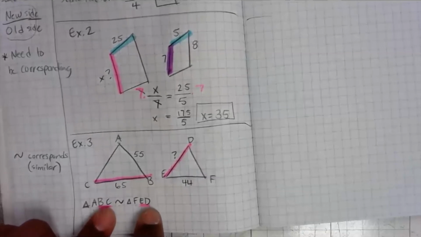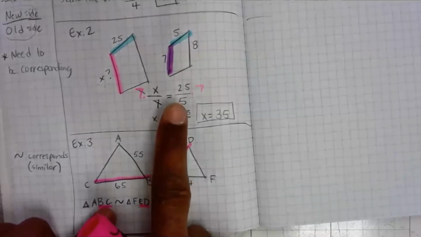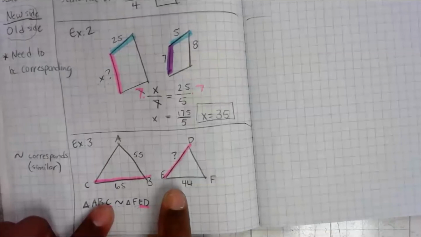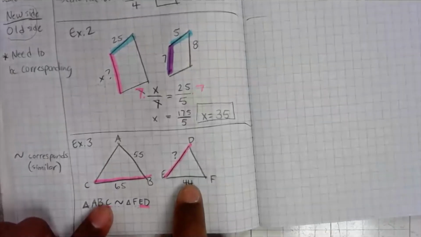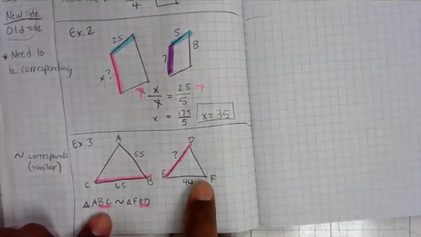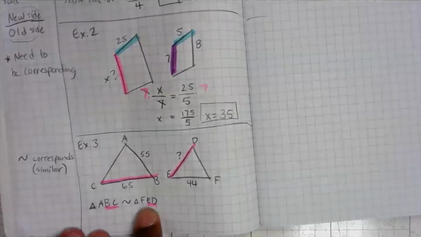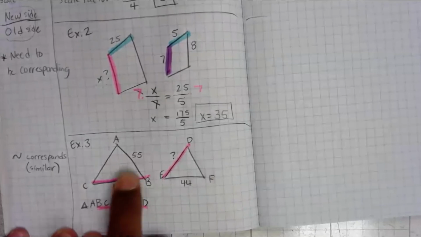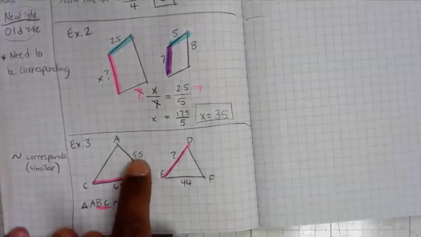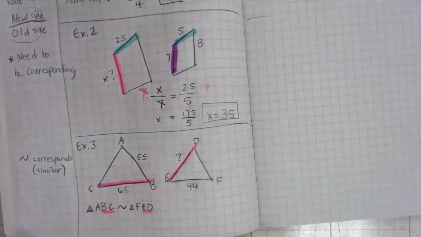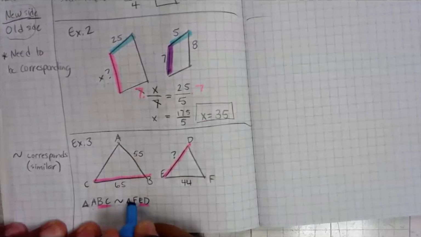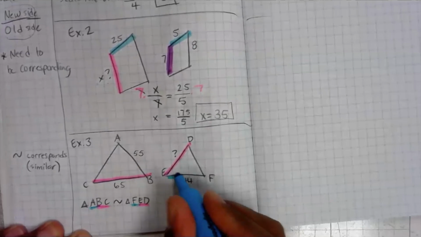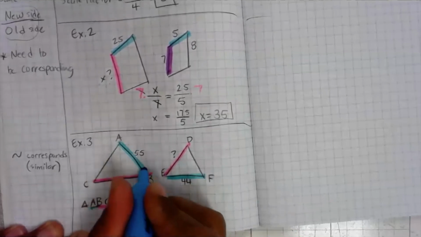Okay. Now again, just like this one, I need two sets of corresponding sides. All right, so there's my first one. And then I want to see, do I have a corresponding side to EF? Well, let's check it. EF would match AB, and AB does have a side, right? 55. All right, so we'll use that. So it means EF matches with AB.